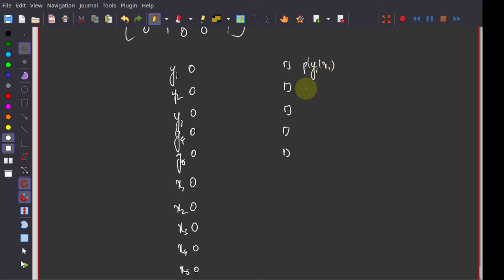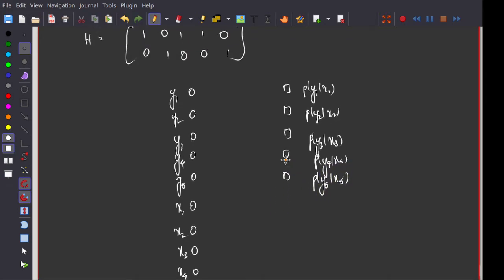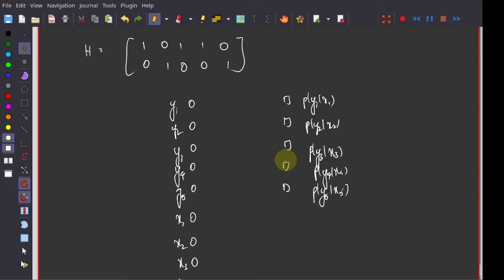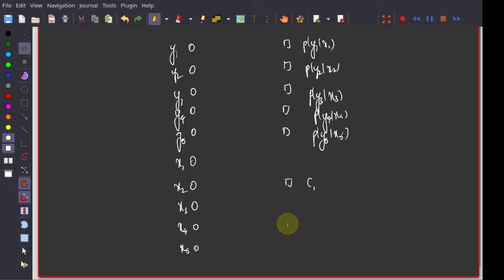We have local functions y1 given x1, y2 given x2, y3 given x3, and so on up to y5 given x5. And we have two parity checks, one this one and this one, and corresponding to each we have an indicator function. First check, and this is the second.